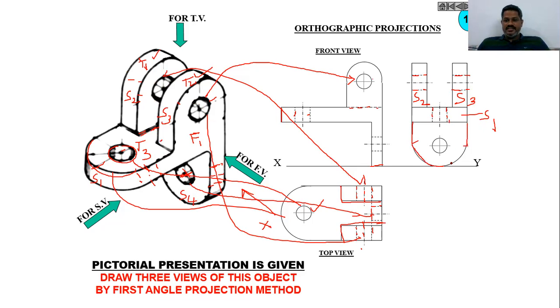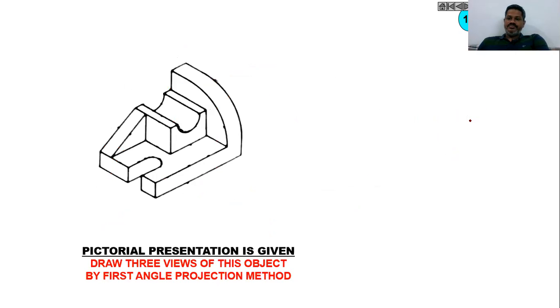It looks like this. So one semicircle we will get, one full circle we will get like this, exactly when you see from the side. So this is our front view and top view, and finally we have the side view. It looks like this. So then I'm taking one more example here.